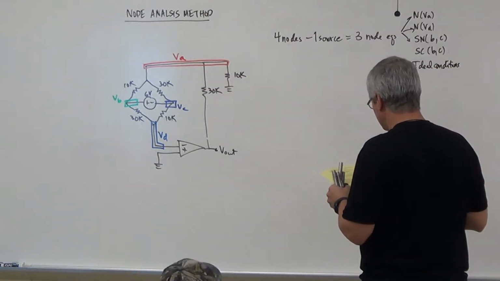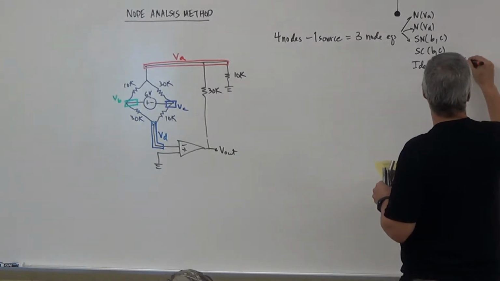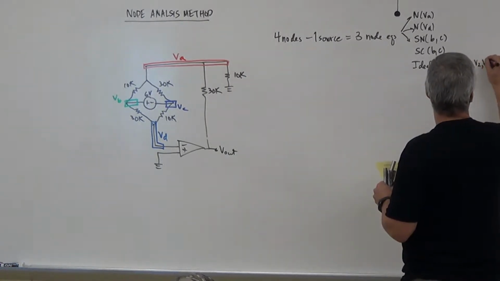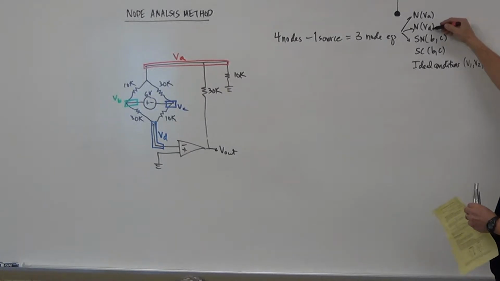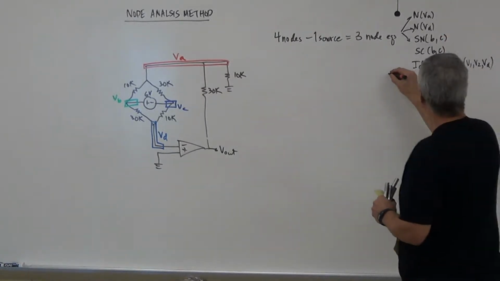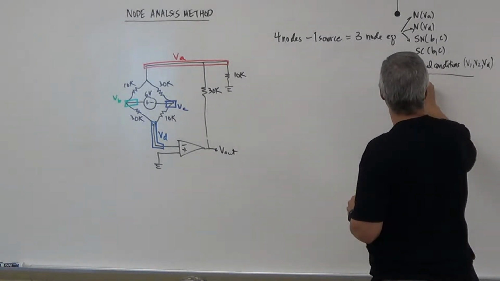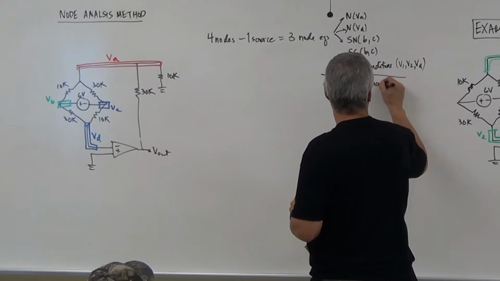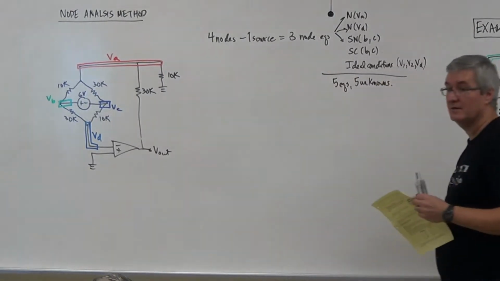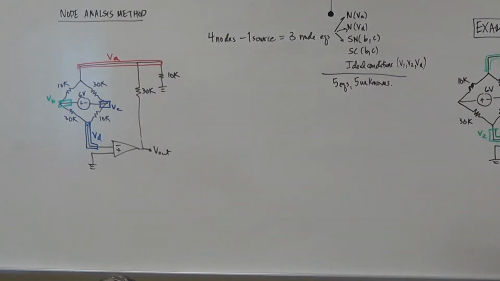And the ideal conditions will really connect V1, V2, and VD. So what you're seeing here is I got 1, 2, 3, 4, 5. So I have 5 equations, 5 unknowns. So let's start writing them.